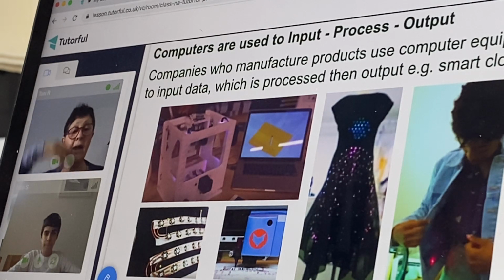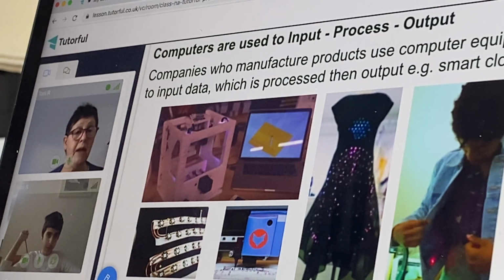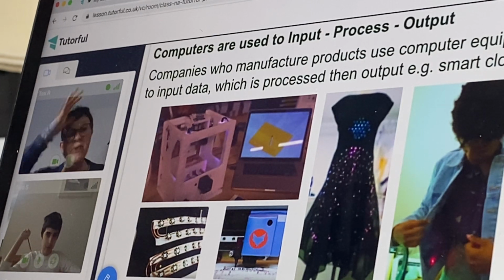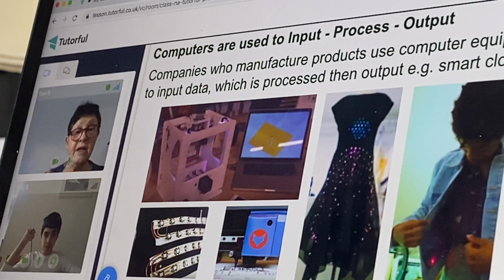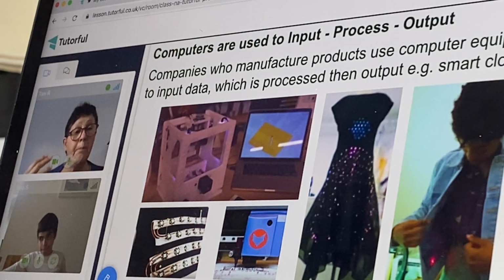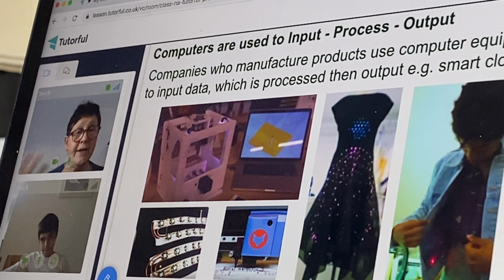So this one here, it could output lights. You could have buttons on your clothing that make your music work or something like that. So increasingly, manufacturing companies are making items that actually input and output data.